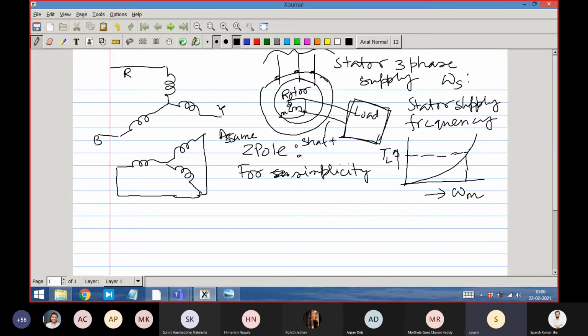So electromagnetic torque is a positive torque. When the rotor rotates in this direction, omega m, the electromagnetic torque is causing the rotation, and TL is the load torque, which is opposing the direction of rotation, trying to prevent it. That's why it is called load.